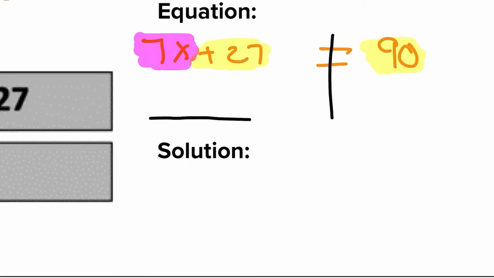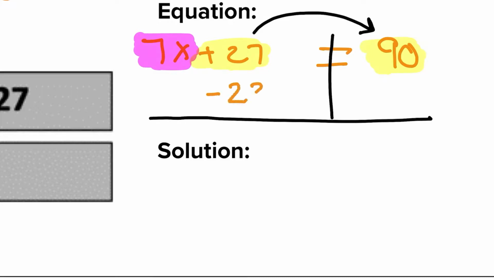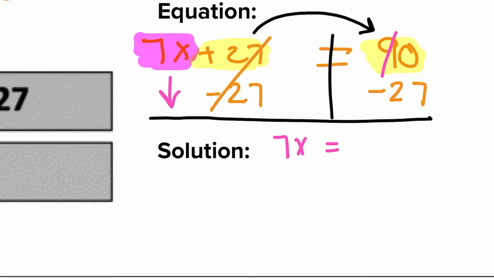Now for this, I need to ensure that my 27 is with the other constant. So if I have plus 27, then the inverse operation is minus 27. Which gives us 7x equals, well, let's find out, equals 63.